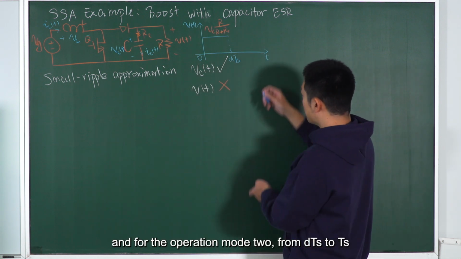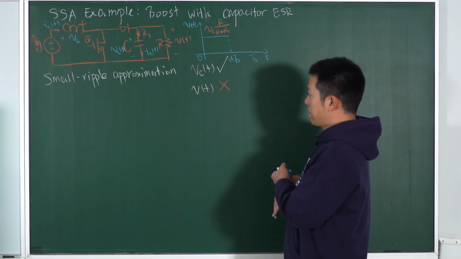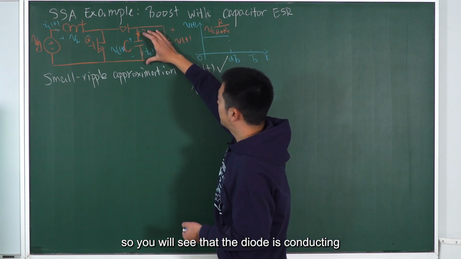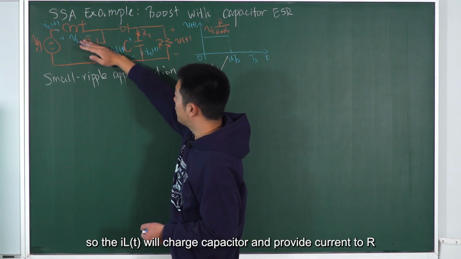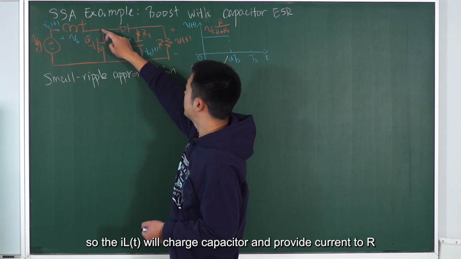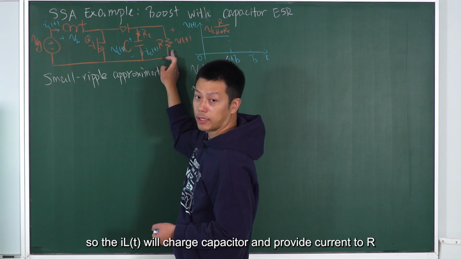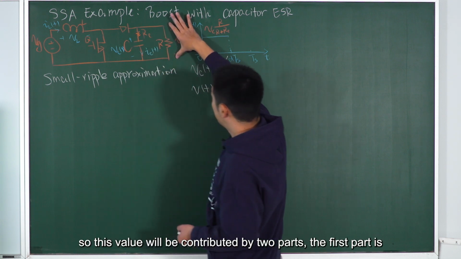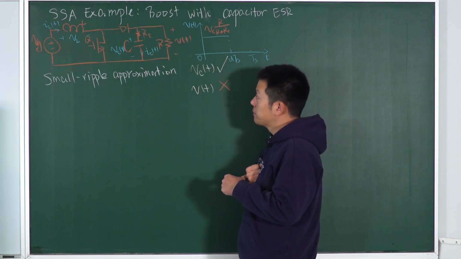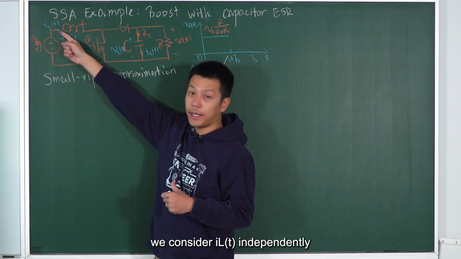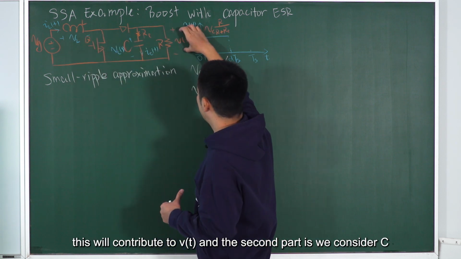And for operation mode 2, from DTs to Ts, you will see that the diode is conducting, like Q is off. So IL will charge the capacitor and provide current to R. This value will be contributed by two parts. The first part is we consider IL independently, which will contribute to the output voltage.